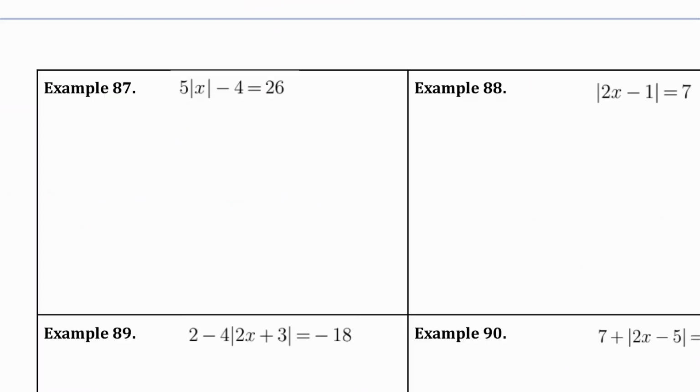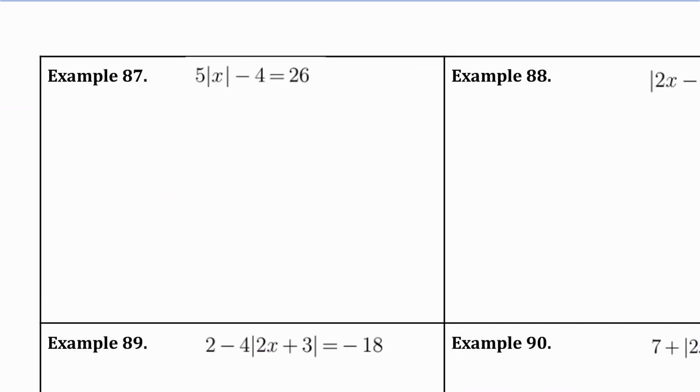Okay, let's look at one where we have to do more than one step to isolate this. Again, let's identify where our absolute value expression is first. If it helps you, draw a line down your equal sign just to keep your sides straight. We've got to get rid of this -4 first, so we're going to add 4 to both sides, and I end up with 5 times the absolute value of x equals 30. Don't forget, a number right in front of it means multiplication.